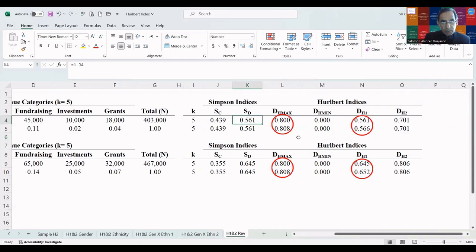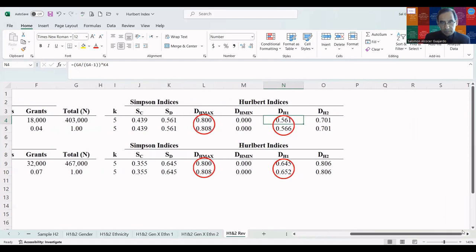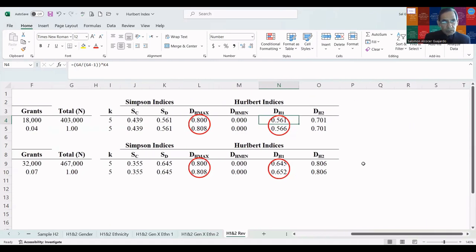Again, if I subtract the concentration score from 1, that gives me the Simpson diversity score. So when I do that, it's going to be 1 minus 0.439. It gives me a Simpson diversity score of 0.561. I'm going to show you one of the quirks of the Hurlbert diversity score.